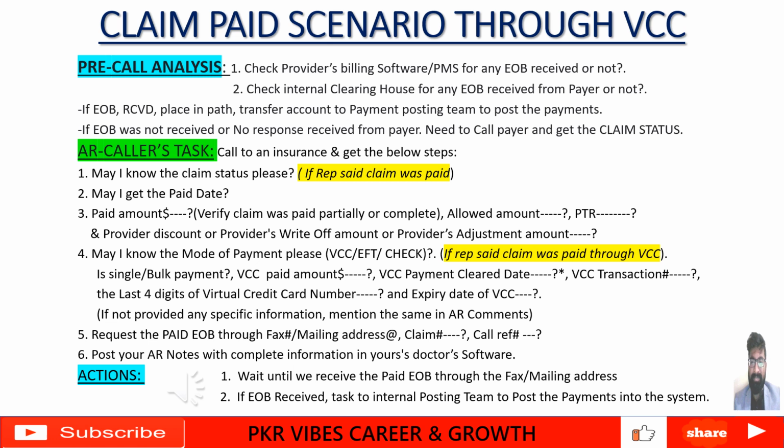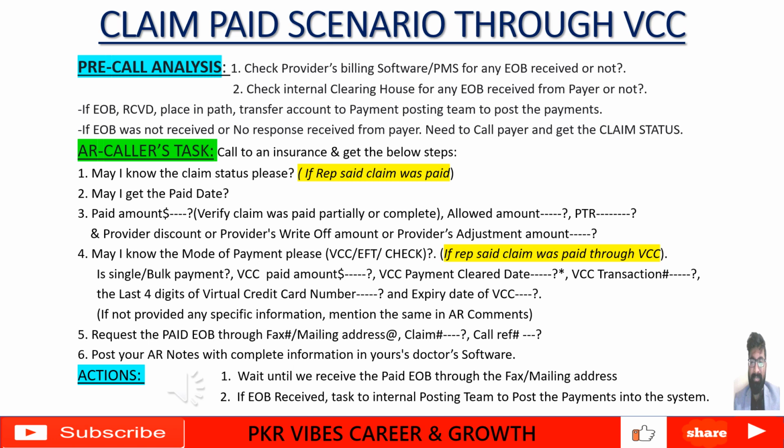If the representative says the claim was paid, your next question is: may I know the paid date please, when was the claim paid? Generally you have to ask this next question, and after that you will get the paid date.